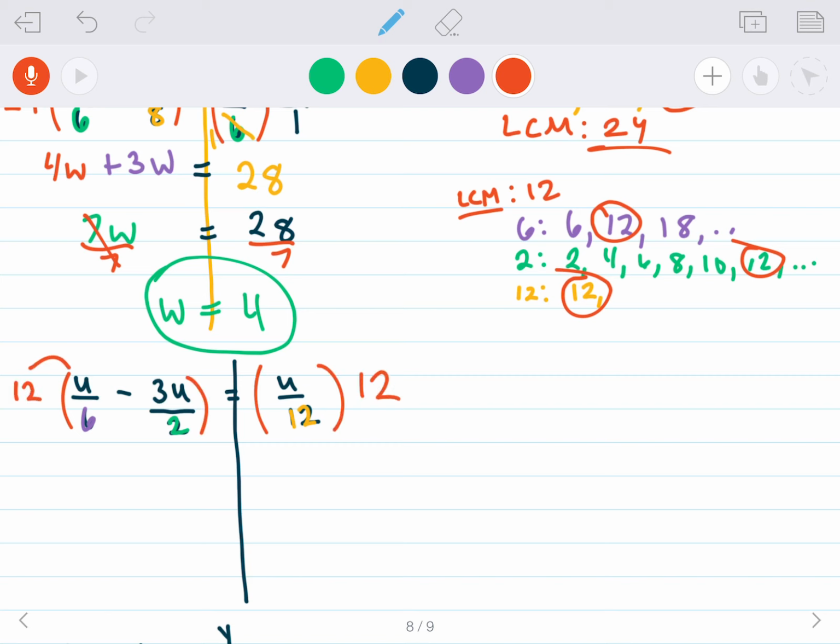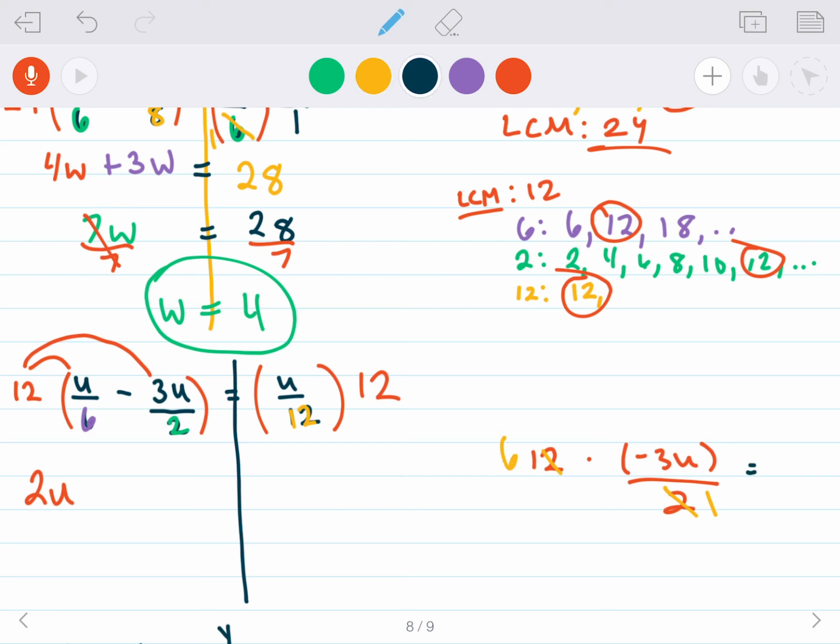Okay, on the left side, 12u all over 6 is a 2u. Then we have 12 times negative 3u over 2. Let's do that off to the side. 12 times negative 3u all over 2. On the diagonal, 2 goes into itself once, and 2 goes into 12 6 times.